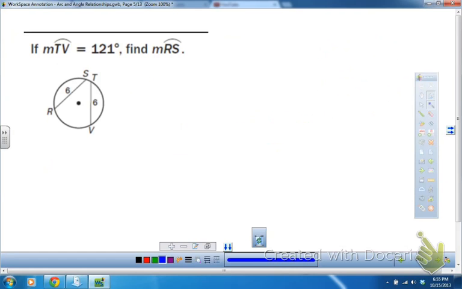So if it told you that the measure of arc TV is 121 degrees, then this arc right here would also be 121 degrees, because since the chords are the same, their arcs must be the same. So 121 degrees there.